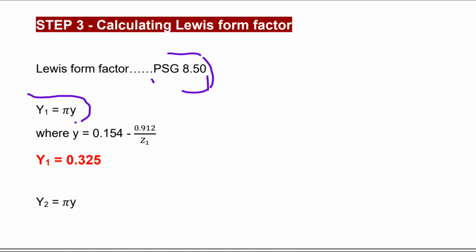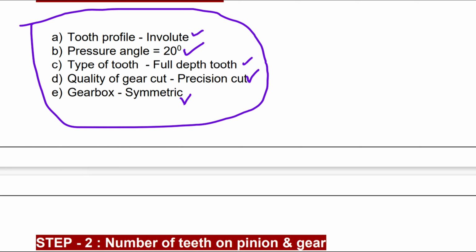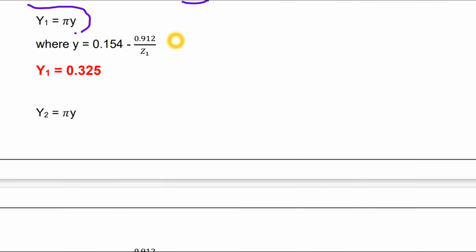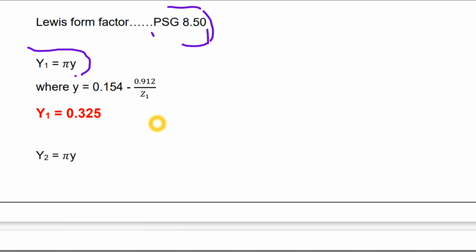Here the formula of small y depends. There are three formulas of small y on PSG 8.50. According to our selection, as we selected the pressure angle of 20 degrees, which is given in the question, and the tooth profile, for 20 degree involute the formula will be y is equal to 0.154 minus 0.912 upon Z1.